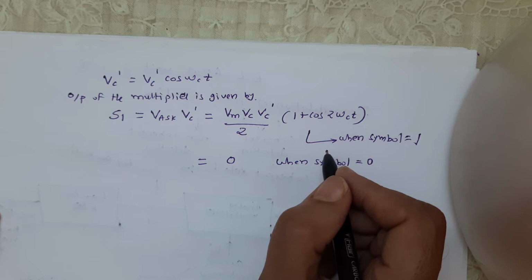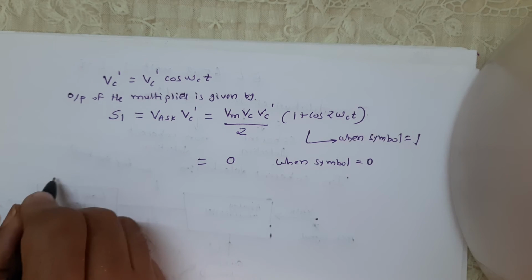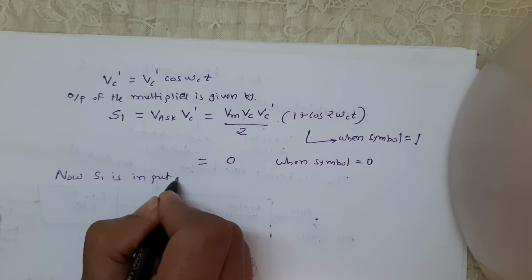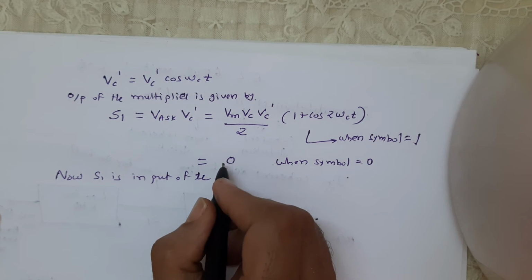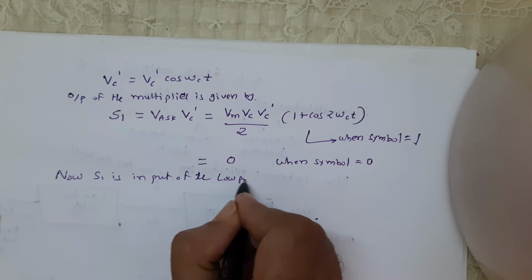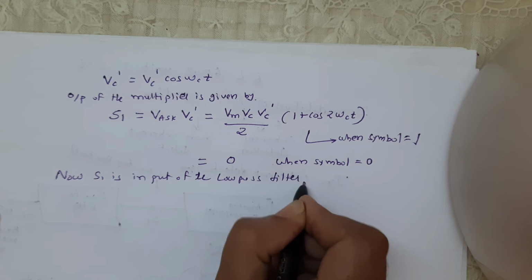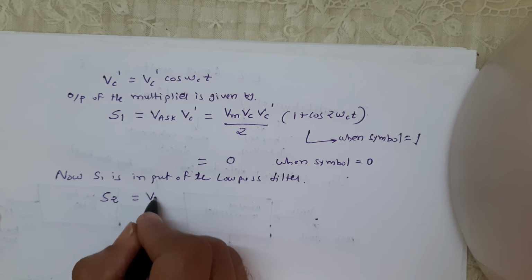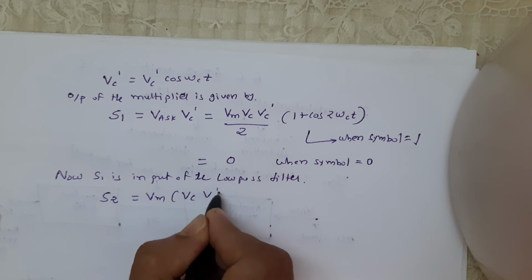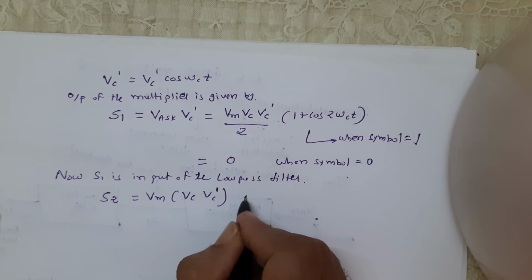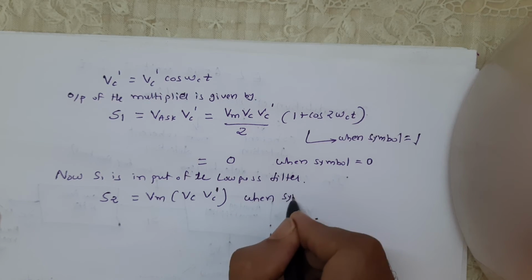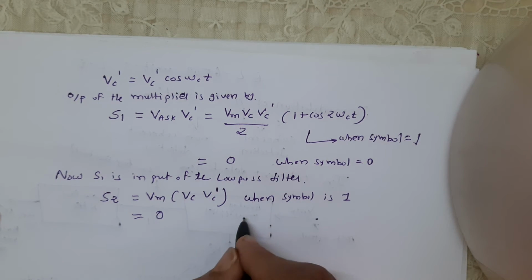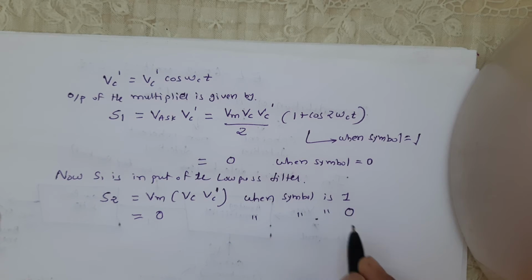Therefore, the output of the low pass filter is given by, now this S1 is the input of the low pass filter, and finally we get S2, which is equal to Vm Vc Vc dash upon 2 when the symbol is 1, and it is equal to 0 when the symbol is 0.